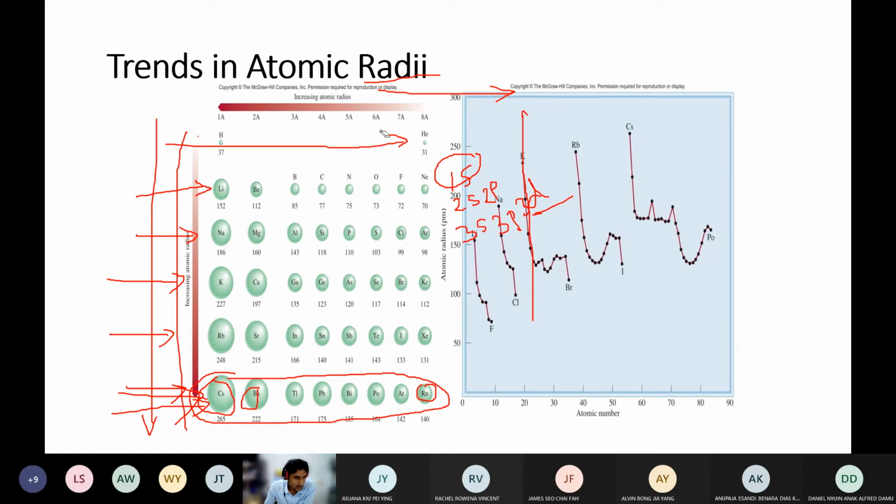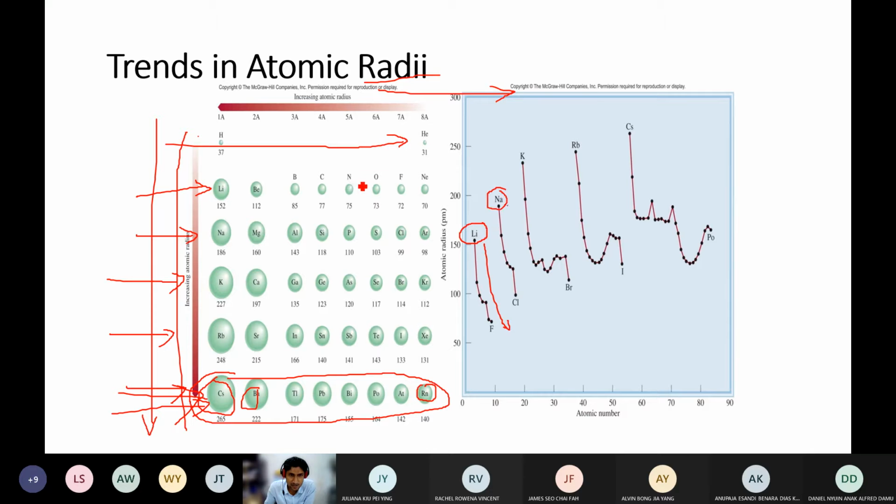If we want to see that on a chart, we plot this trend of increasing or decreasing size of the atom. We can see that it is increasing, bigger size, then it goes to fluorine, and the size is reducing.